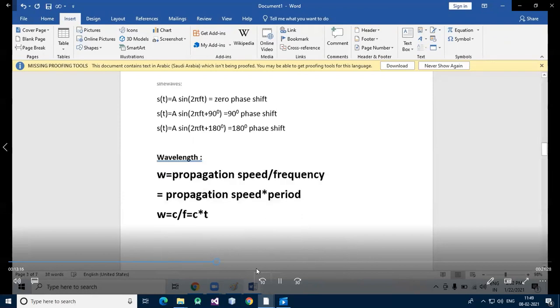So this is about wavelength. Wavelength is another important characteristic of a signal traveling through a transmission medium. Wavelength relates the frequency of sine waves with the speed of propagation, as in the formula.